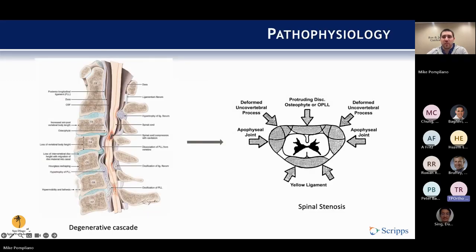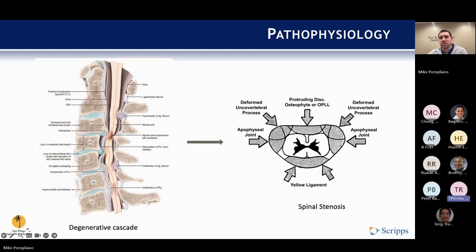So neurologic compression and cervical spondylosis is the result of a cascade of degenerative changes. These age-related changes can result in loss of disc height, posterior disc protrusion, infolding of the ligamentum, facet joint hypertrophy, and osteophyte formation around the disc margins, either the disc itself or the uncovertebral and facet joints.